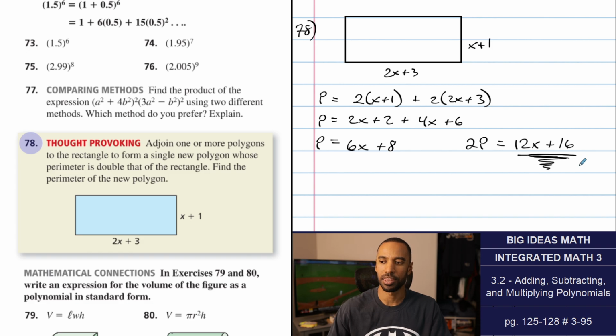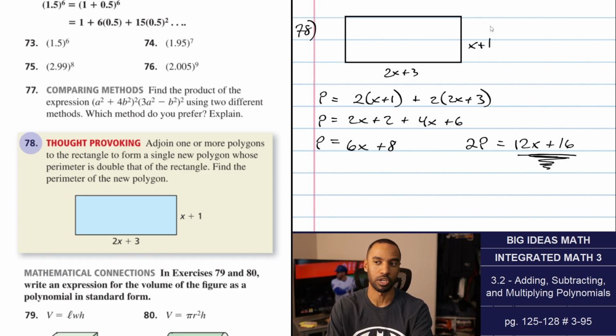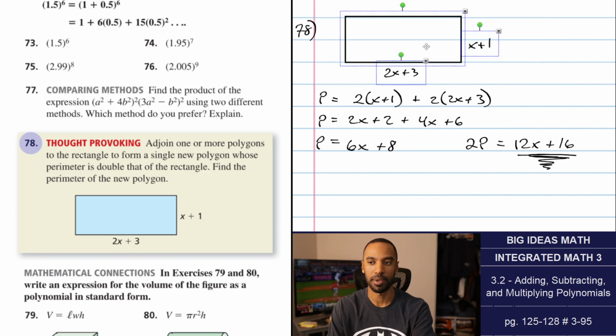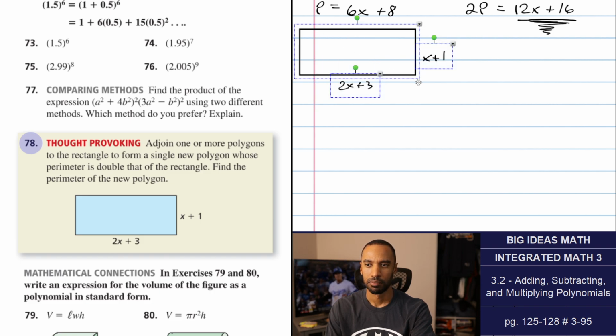So, I need to get this perimeter if I adjoin something to it. Thought-provoking is always open-ended, and this is like, be creative with what you got. So let me copy-paste this. Now, if I adjoin something to it, that means I'm going to lose one of the sides in it. Okay, for some reason, these can't move.